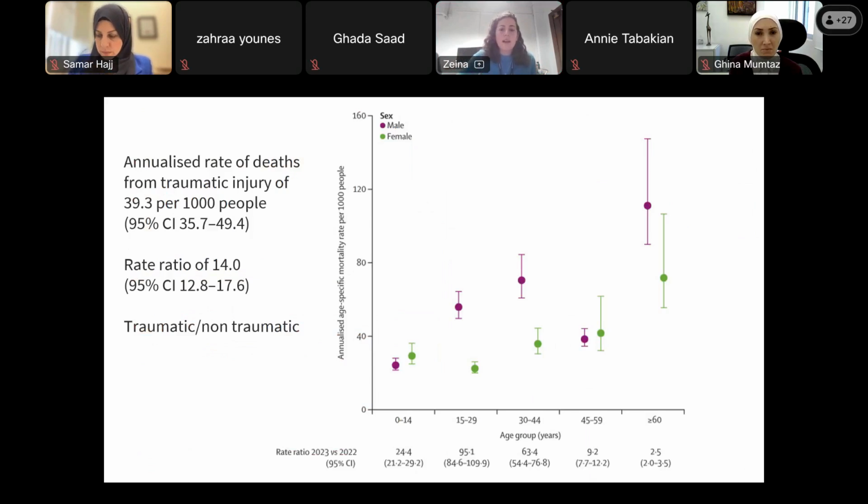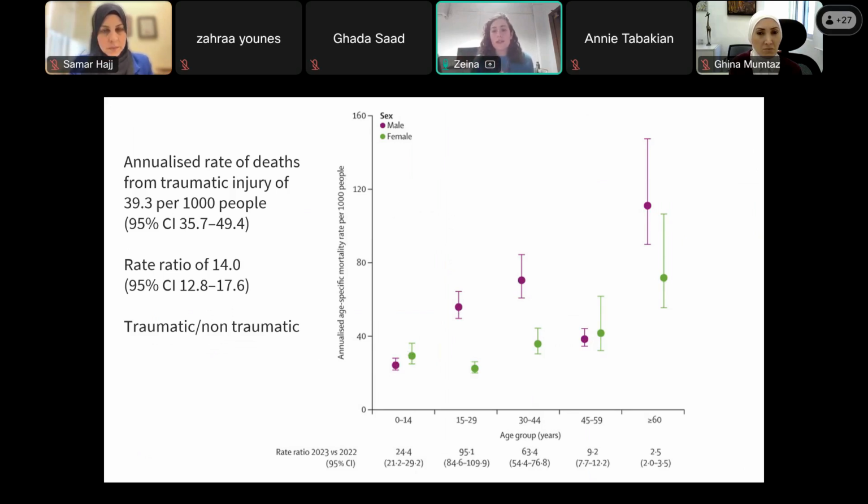Then we could see the annualized age mortality per 1,000 among males, and then among females, and you could see quite a flat line among females, which is similar to mortality rates in the Rwanda genocide and others, where you'd see flat rates.